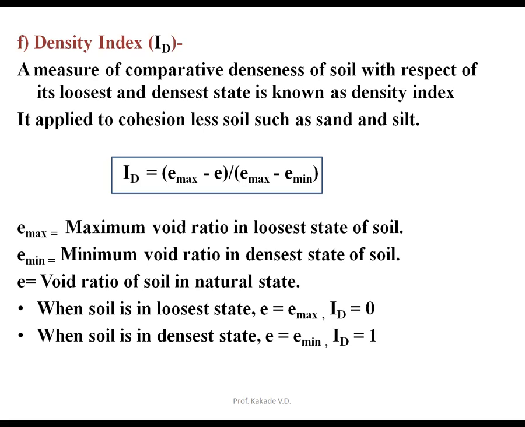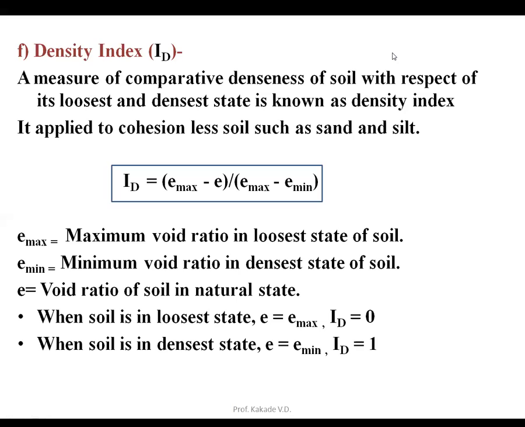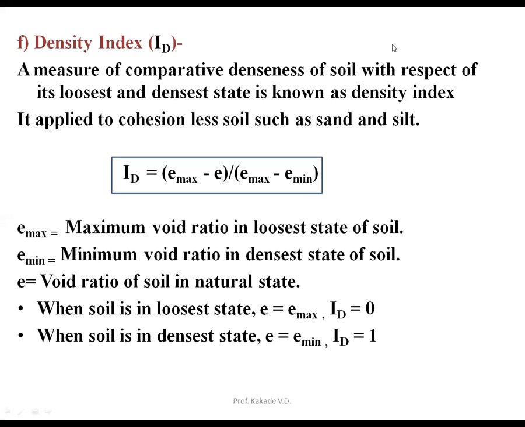It is a representative number showing how much the soil has been densified or compacted, and so how the voids present in the soil have reduced from the initial stage to the final stage.